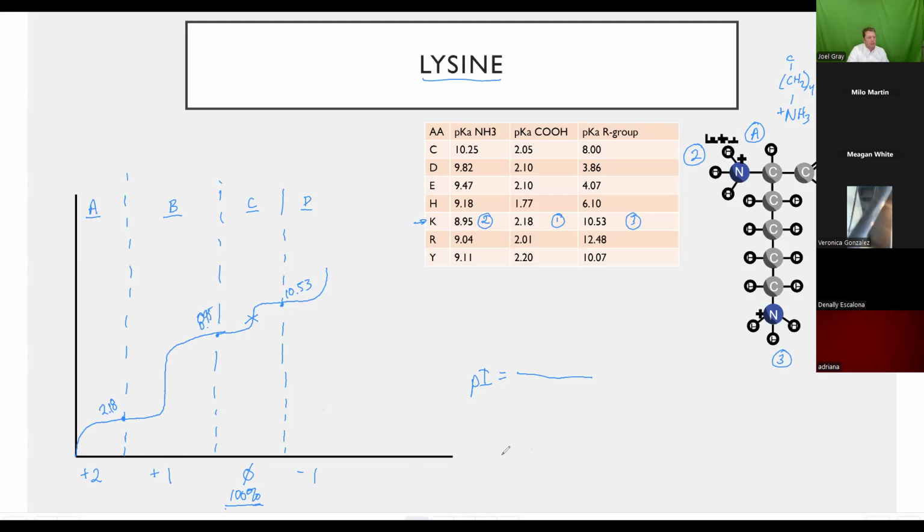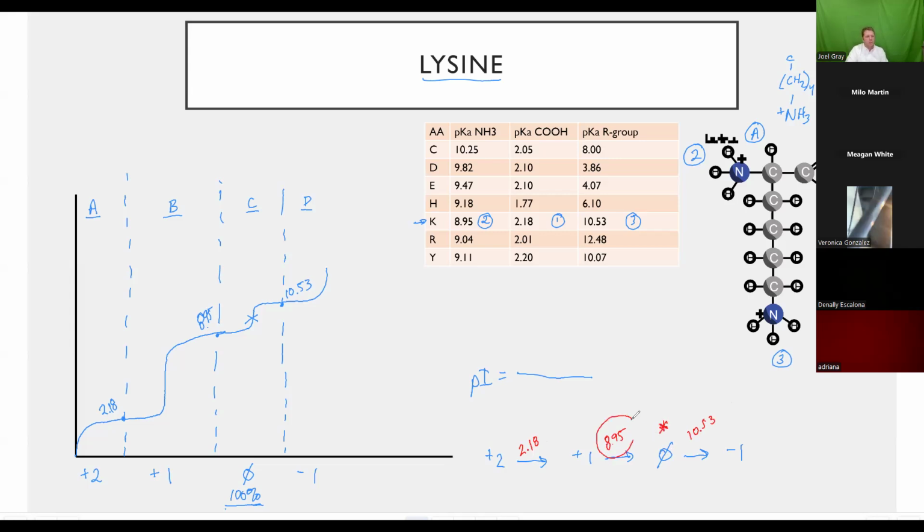So this is why I always like to do a number line. I like to say +2, +1, 0, and -1. I'll switch my colors. And the next thing that I'm going to do is write my pKa values in increasing order: 2.18, 8.95, 10.53. What I care about is I want 100% of my molecule to have a 0 charge.